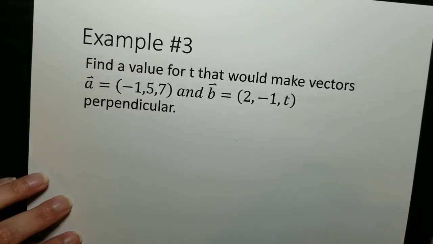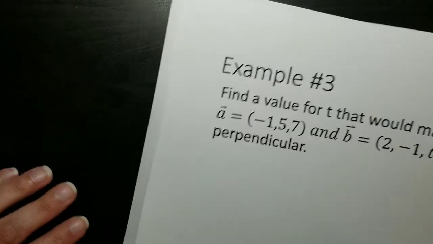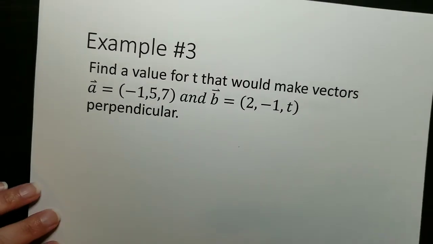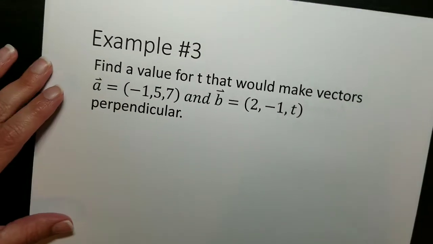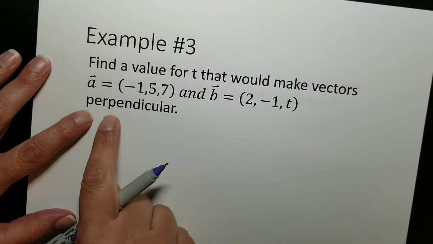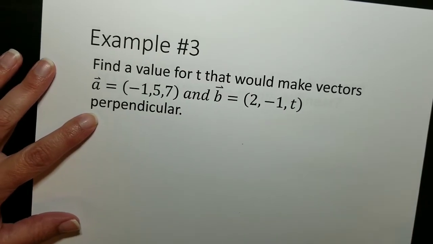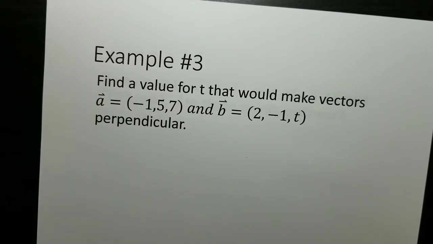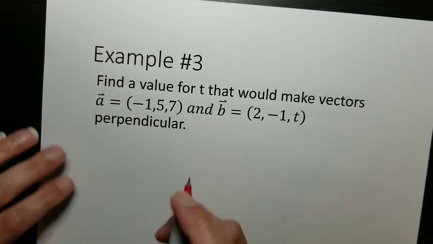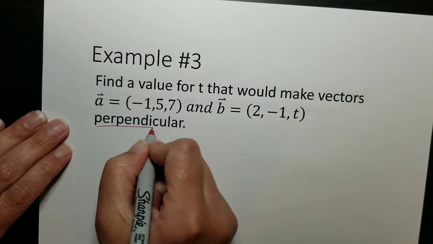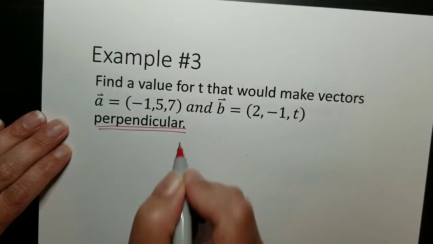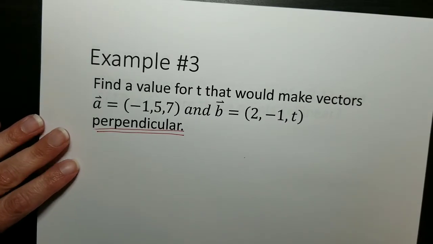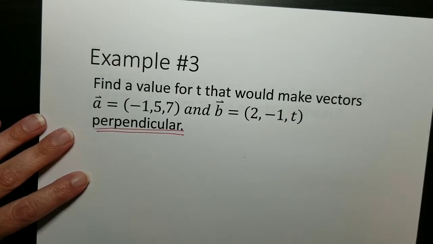The last piece, oh, maybe I have 2 more examples. This is another kind of flashback from yesterday. When you see perpendicular, I want you to think the very first thing. So this says, find a value for t that would make vectors a and b perpendicular.